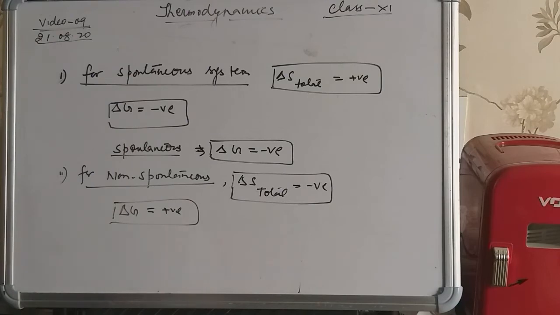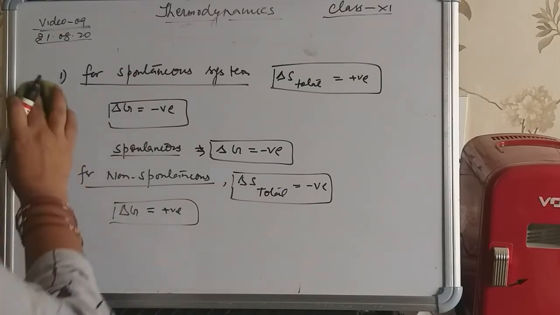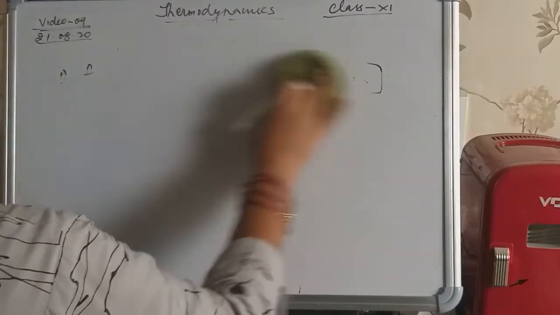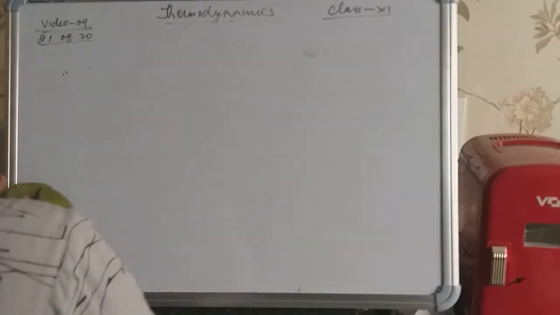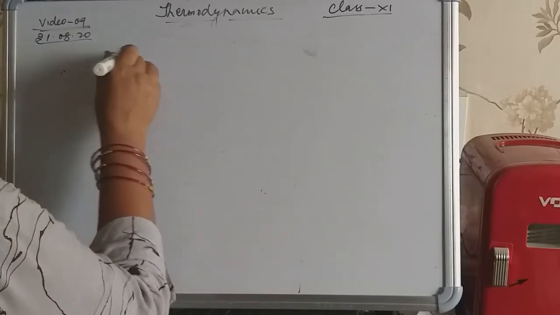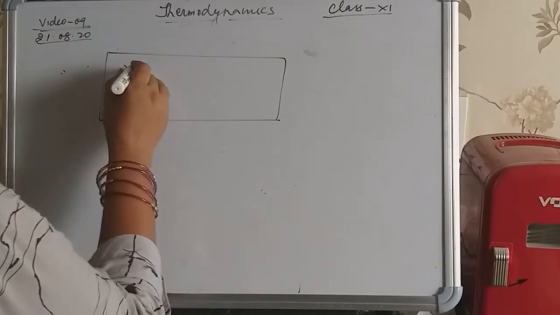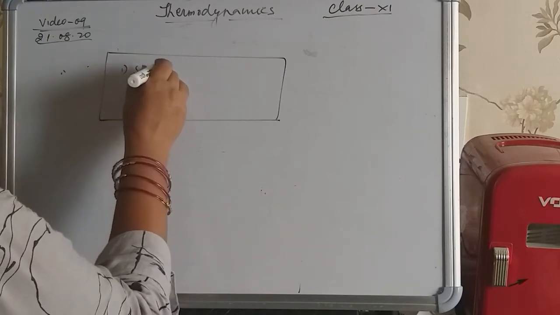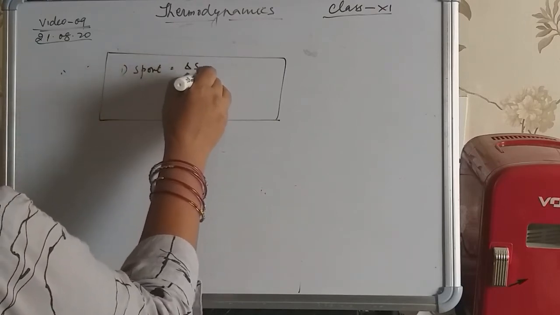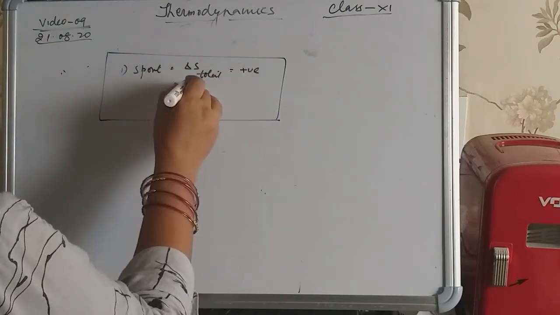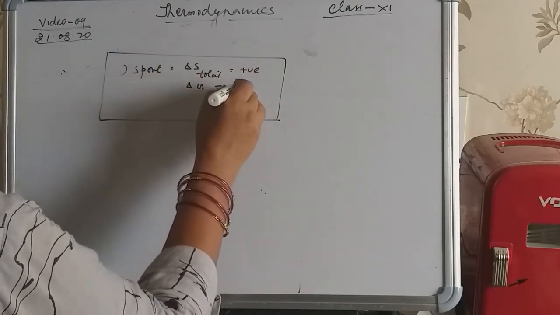So, roughly, we can express in short: for spontaneous, del S total is positive and Gibbs energy is negative.